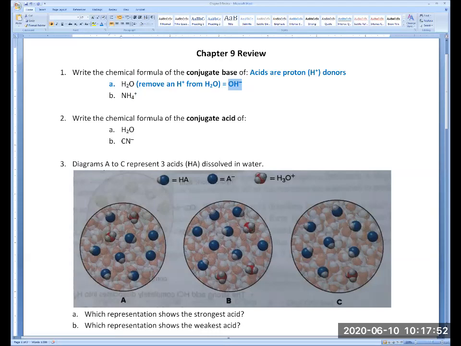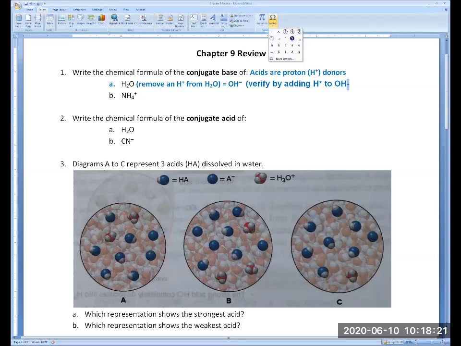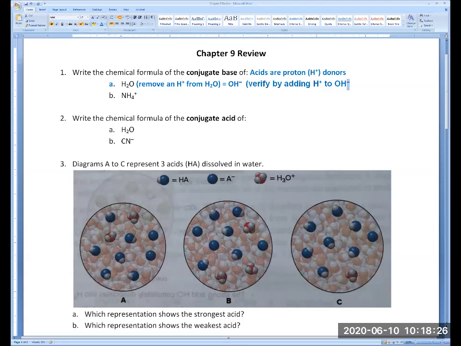The way to verify that is to add H plus to OH minus. If you add H plus to OH minus, you will retrieve the H2O formula, right? I make the negative signs larger because otherwise they're really tiny.